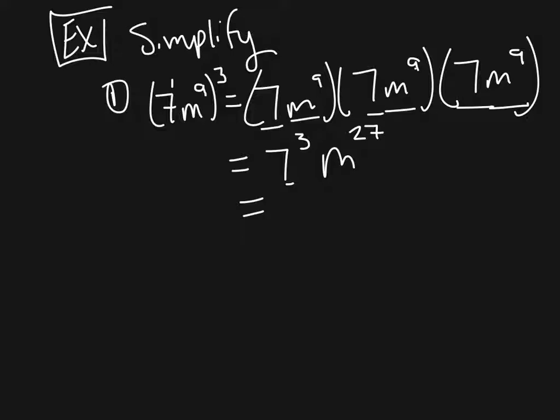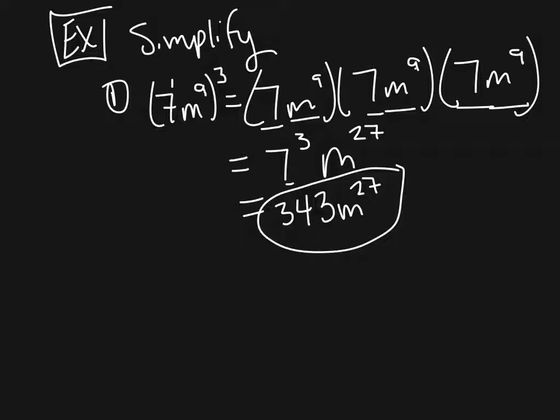Now we do want to simplify this. 7 to the 3rd is 343. M to the 27th. So you could have just cut to the chase, taken 3 times 1 and gotten 7 cubed, and 3 times 9 and gotten the m to the 27th.